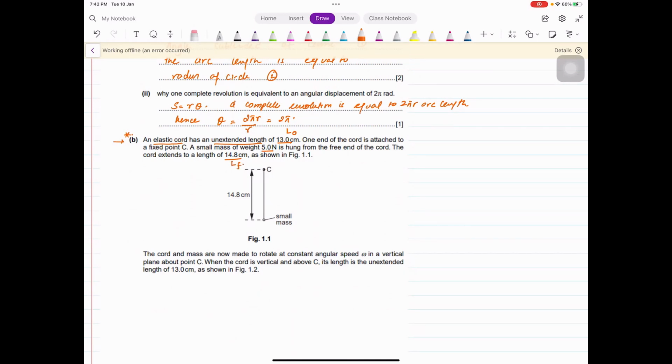So the extension in this cord would be final length minus the initial length, which is going to be 1.8 centimeters. Everybody agrees to this?